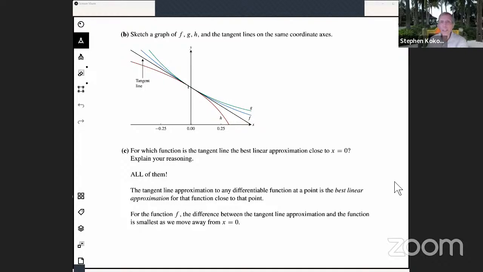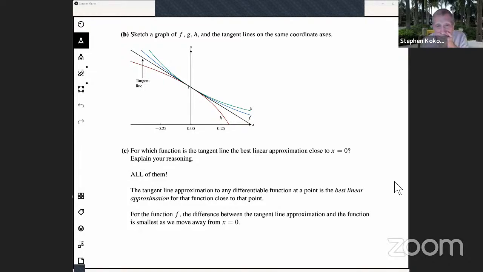So for which function is the tangent line the best linear approximation close to x equals 0? Well, the answer here, and Tom alluded to this a little while ago, is all of them. The tangent line is the best linear approximation that we can find for each of these graphs. But what happens as we move farther away from x equals 0?